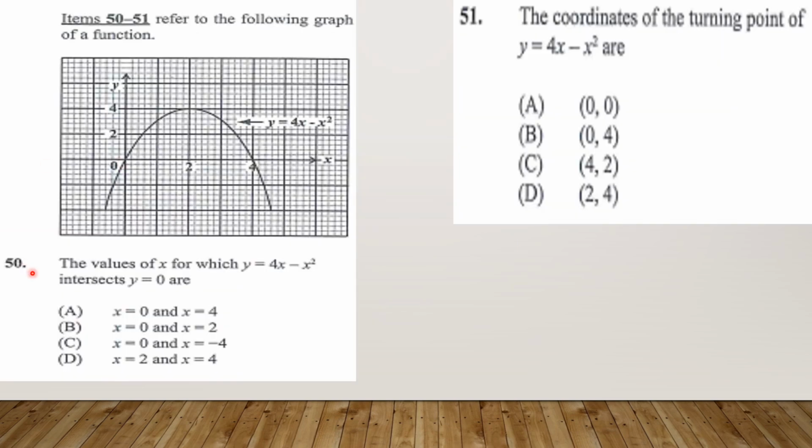Question 50. The value of x for which y equals 4x minus x to the second power intersects y equals 0 are. So y equals 0 is where the graph cuts the x-axis. And if you look at the graph, it cuts it here, and that's 0, and here, which is 4.